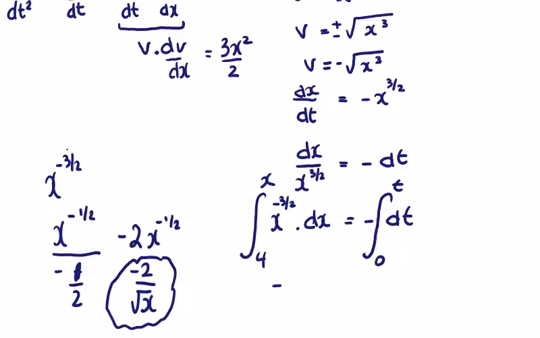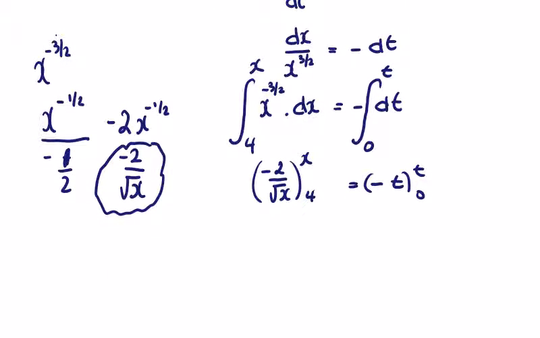So we're going to get minus 2 over the square root of x if we integrate the left between x and 4 equals minus t between t and 0. Just 1 in here, this imaginary 1 if you want to keep on seeing it. So we're going to get minus 2 over the square root of x, putting x in, minus, and it's going to be minus 2 over 2, so minus 1, so it's going to become plus 1. And then that's equal to minus t.